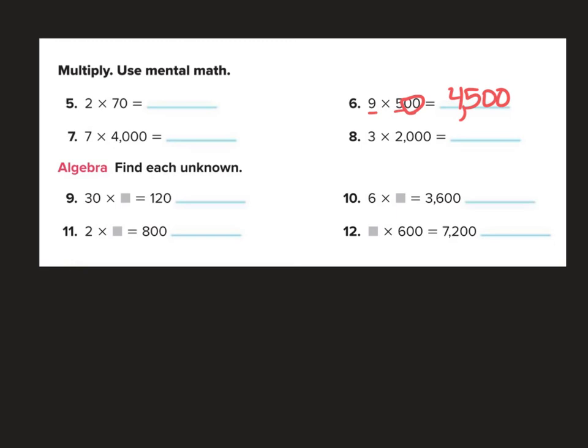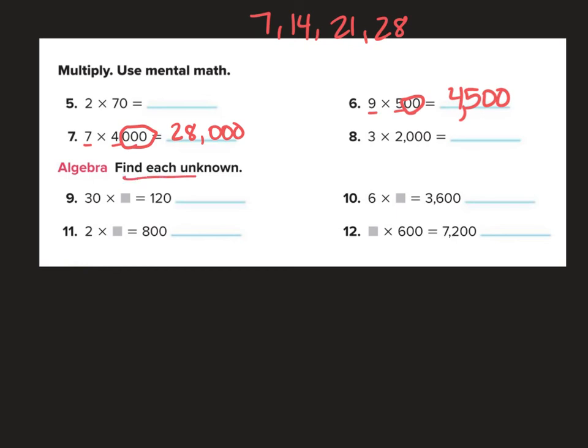And again, I can do 7 times 4. 7, 14, 21, 28. And then I have 3 zeros. 28,000 would be my answer, my product.